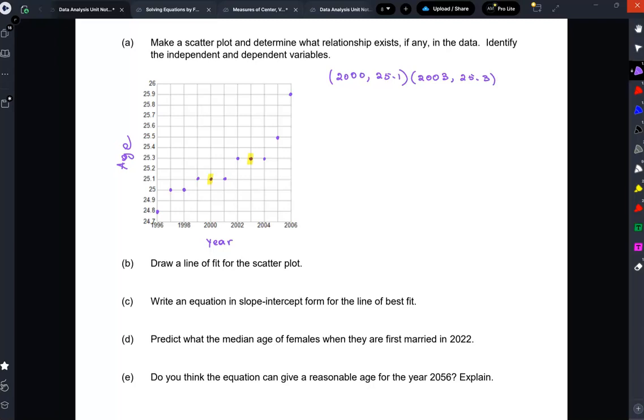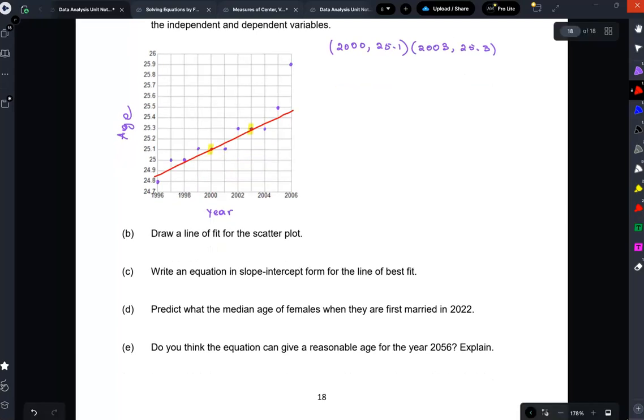Okay, so let me draw that, connecting those 2 points. Okay, so we drew a line of best fit.